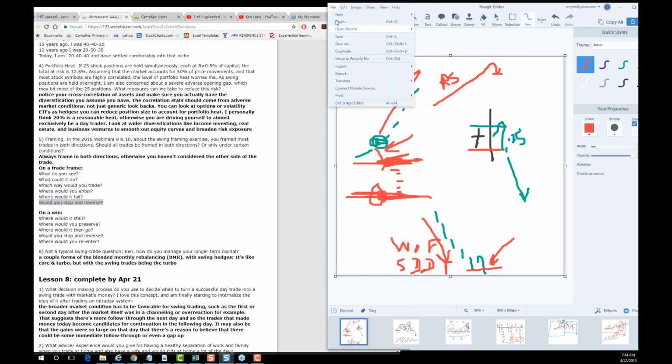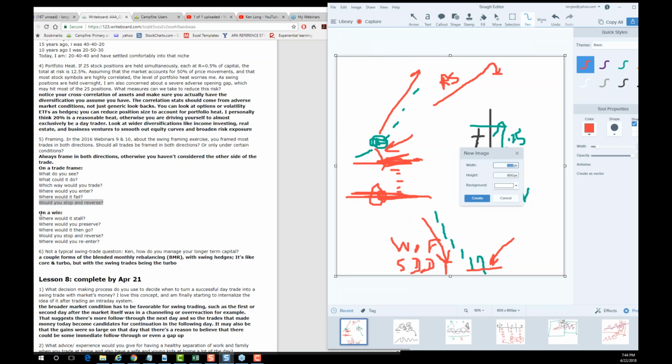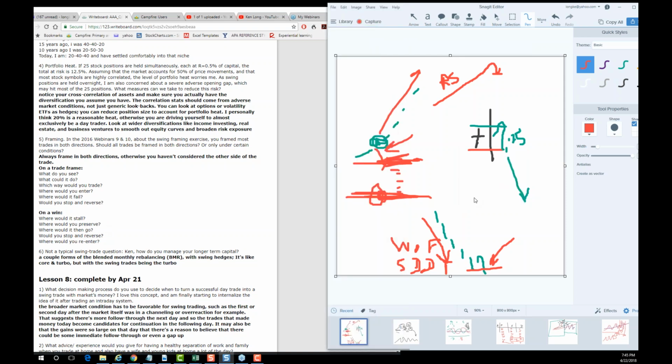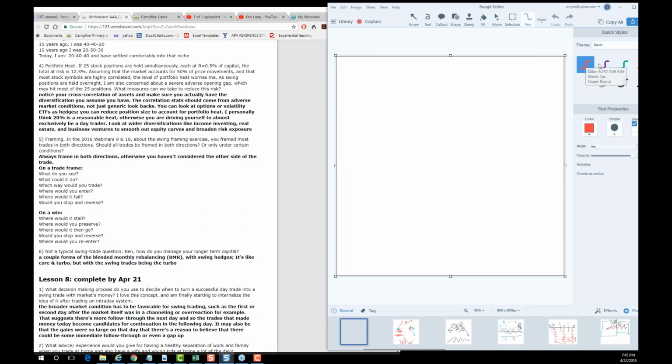Now, the second part of this trade frame, this little process, is on a win, where would it stall? And that's like the 2R battle drill. So you've already framed that out, and you've identified resistance above. Where in the life cycle of this trade frame? So I've got my little yesterday's move, and so I've put that here.